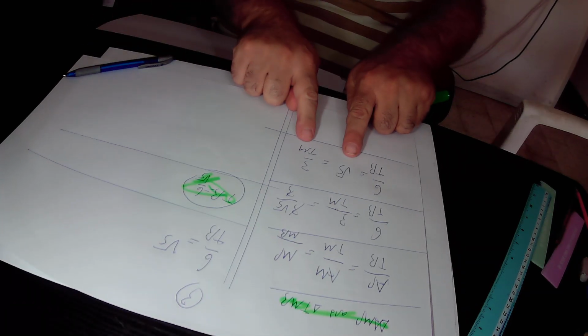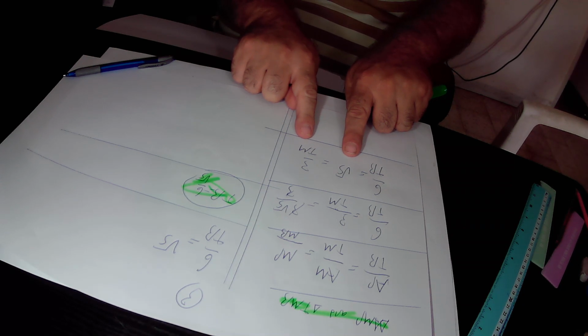Those two sides are also equal to each other. That is to say, square root of 5 equals 3 over TM.